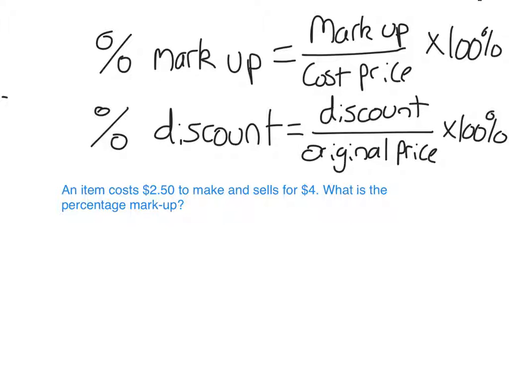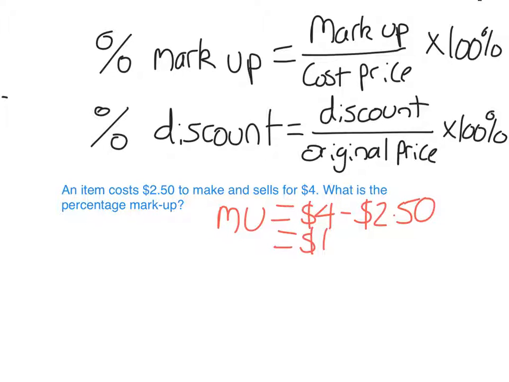Here, an item costs $2.50 to make, we sell it for $4, what's the percentage markup? So here we're finding the percentage. The actual markup, I told you at the very start of the video, can be a percent or an amount. So this has been marked up, so I'm calling it MU for markup. It's been marked up by $1.50. So that's what goes on top of the formula here.